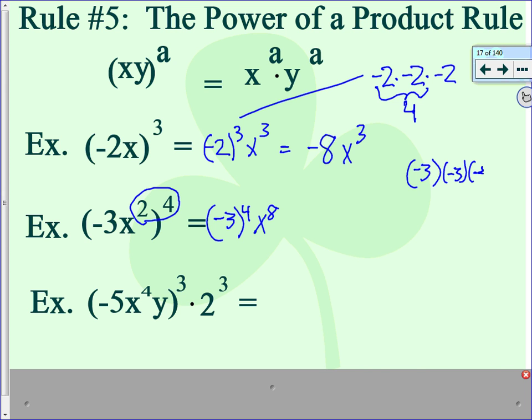The easiest way to do this one is to multiply 2 of the negative 3's. Yep. It's 9 times 9. That's going to be the fastest way, because then you don't have to get to 27. You just do 9 times 9. So it's 81x to the 8. There we go.